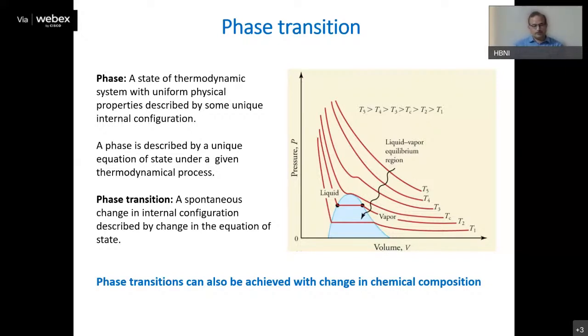For example, if you consider a paramagnetic phase and apply a magnetic field, you can induce magnetization in the system, but this is not a phase transition. A phase transition is the para to ferromagnetic phase transition, where you have a spontaneous magnetization in the system, even in zero magnetic field.